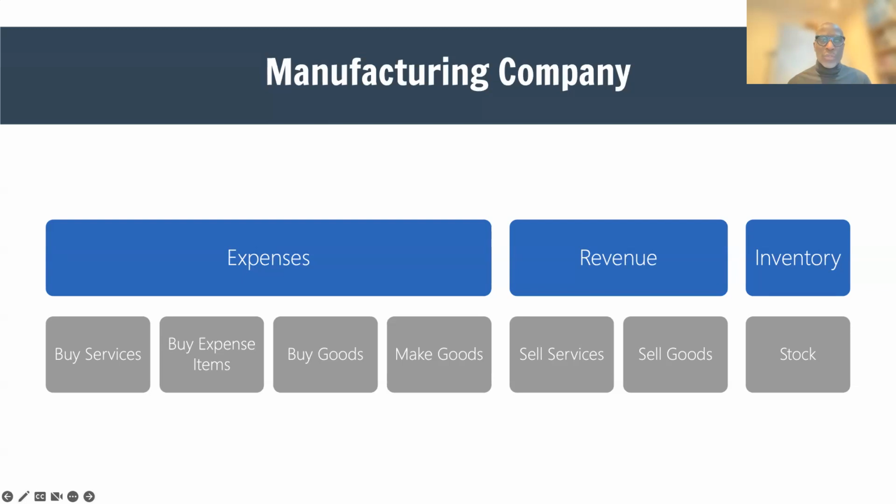Now, on this course, we're focusing on the first type of company, and then we can build on into the others much later. But the basis of every company is that service-based company.